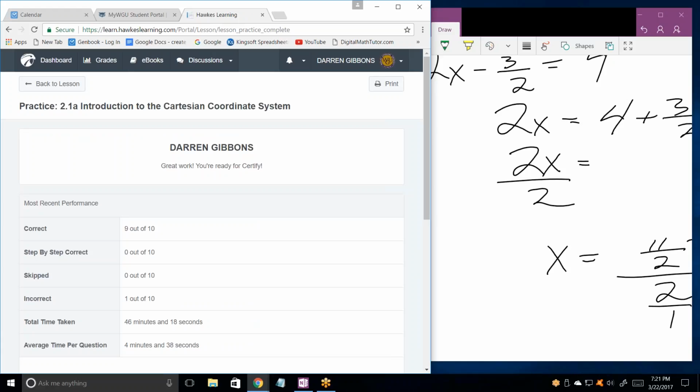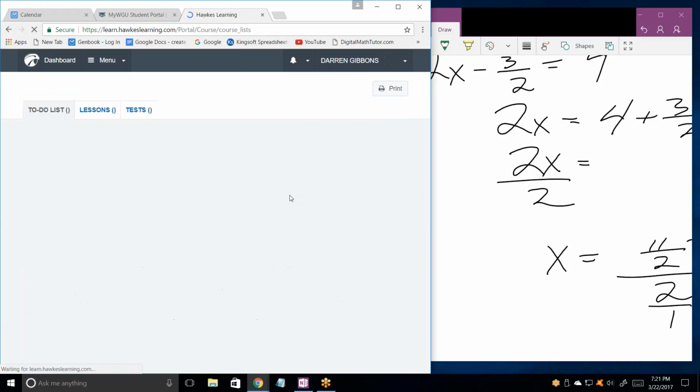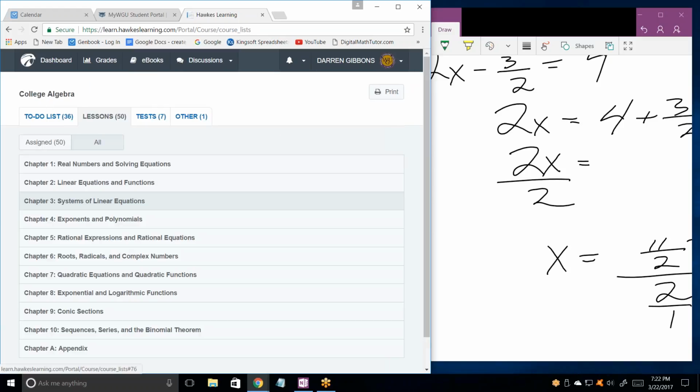All right. So if you go back, see it says back to lesson. Hit that. Okay. And I want to try two. Go back to college algebra again. Okay, now hit chapter 2 again. Okay, I get it. Now we got to go to 2.2. Correct.